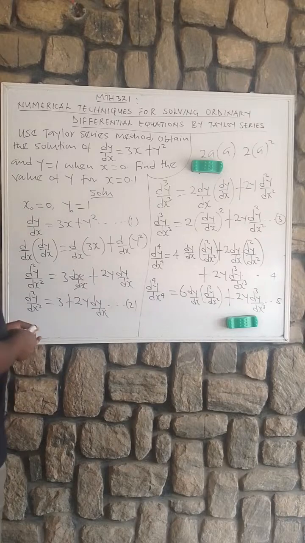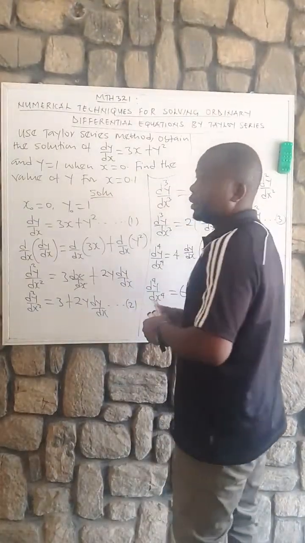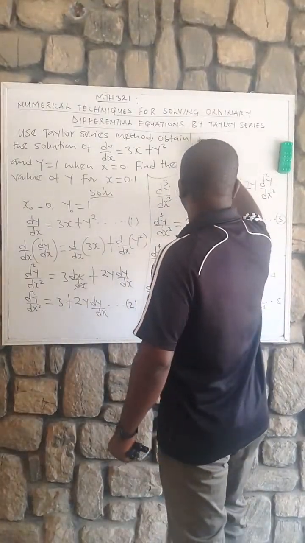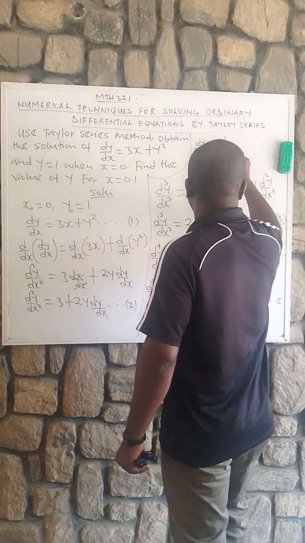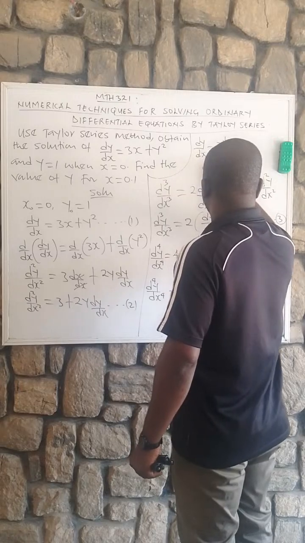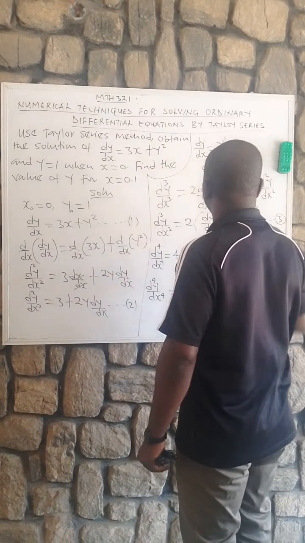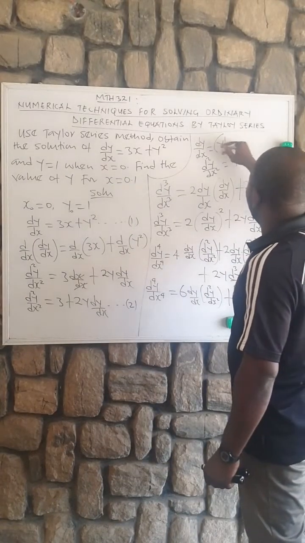I told you the other time that when we have first order derivative, this is the same thing as y prime. Then d squared y over dx squared is the same thing as y double prime. True or false? In Taylor series, instead of this, we use this.